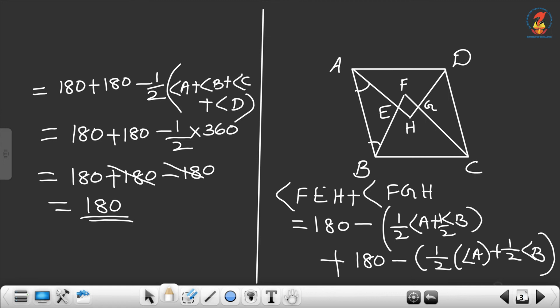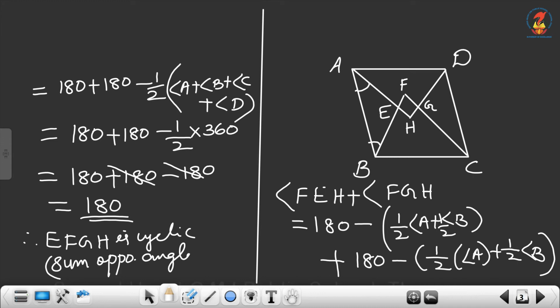So what is the conclusion? Therefore, EFGH is cyclic. What is the reason? The sum of opposite angles is 180 degrees.